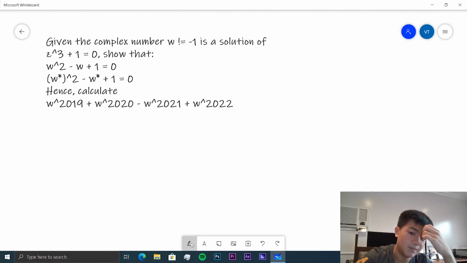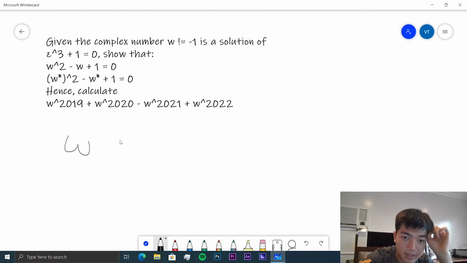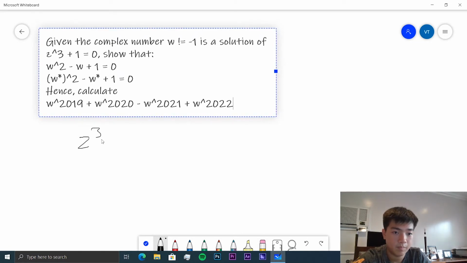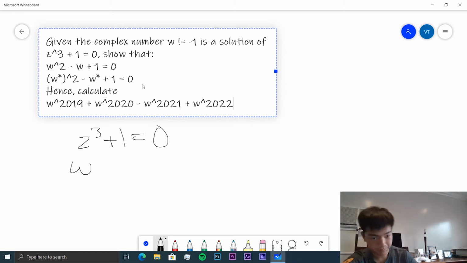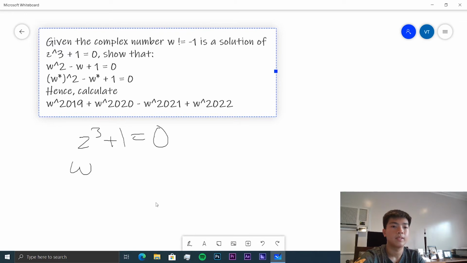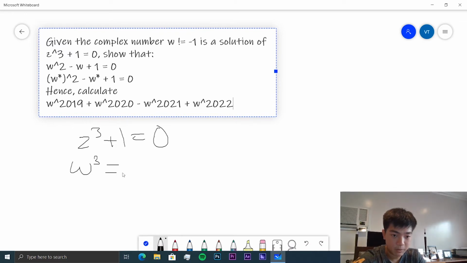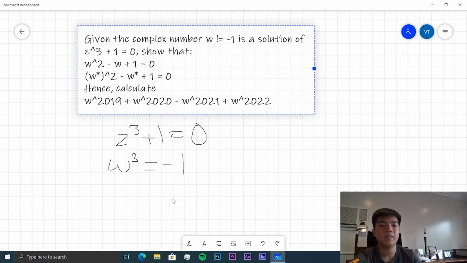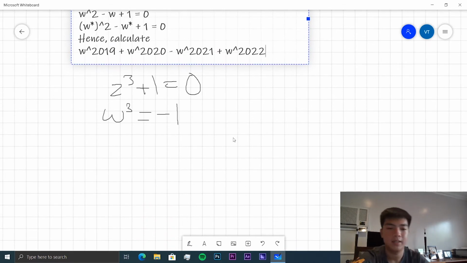So first, we have omega is a solution of z cubed plus 1 equals 0. So therefore, omega cubed is equal to -1, and omega is not equal to -1.